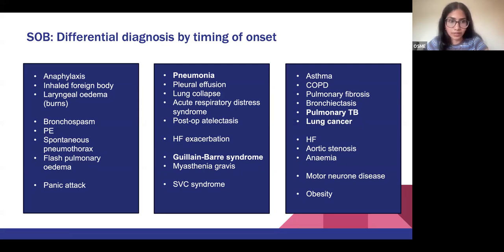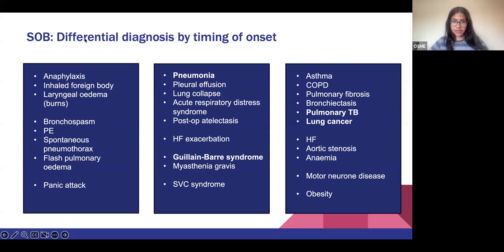And then lung pathology, so bronchospasm like asthma, pulmonary embolism, pneumothorax. And in the subacute causes, you don't want to miss a pneumonia, especially in an elderly person. Other respiratory causes are lung collapse or alveolar pathologies like atelectasis or ARDS.